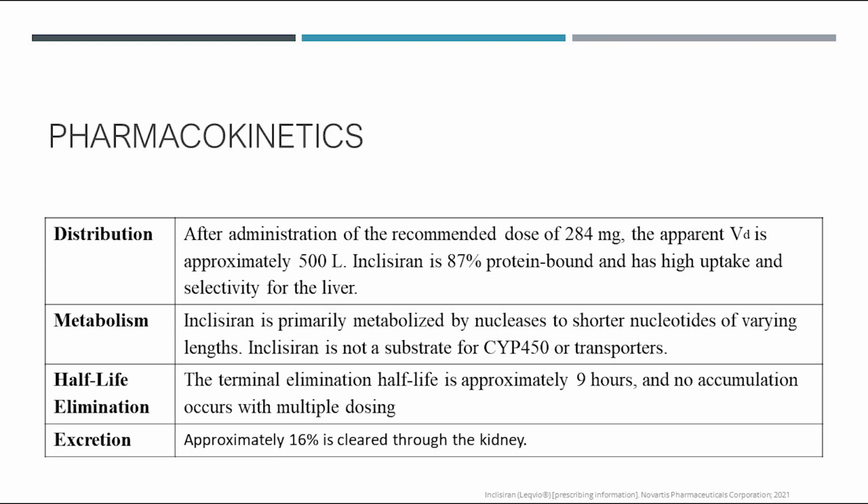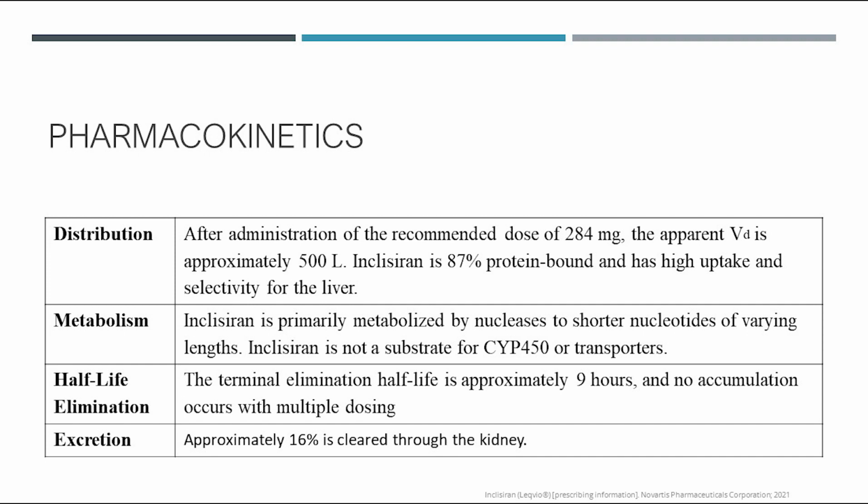Looking at our ADME, after administration of our approved dose of 284 milligrams, the apparent volume of distribution is approximately 500 liters. Inclisiran is 87% protein bound and has high uptake and selectivity for the liver, which is where its primary mechanism of action is.